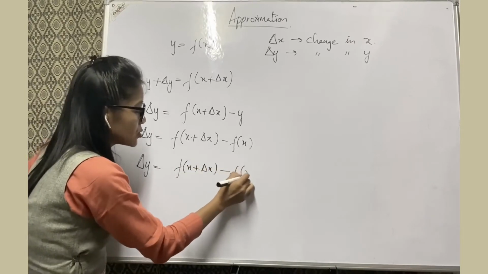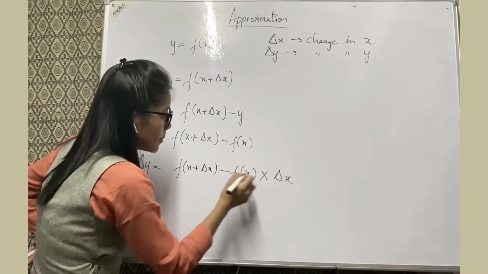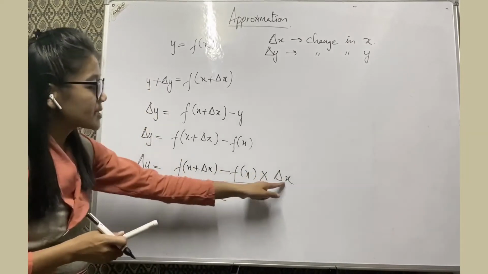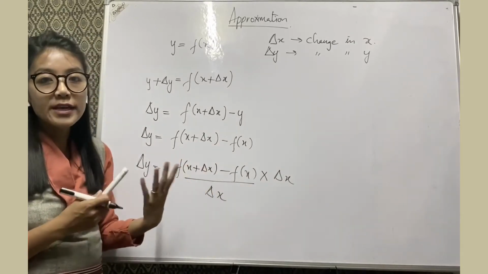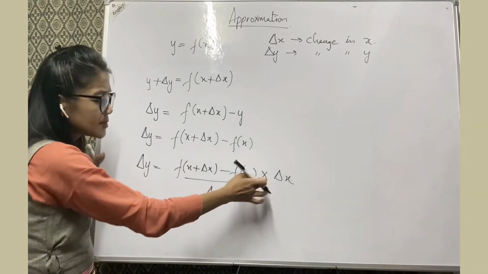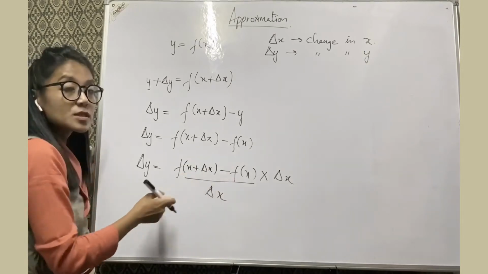This is my original expression, and on that I'm going to multiply and divide with delta x. Now delta x will get cancelled, so I'm not changing the original expression. I'm just multiplying and dividing it with delta x so that I can express this in terms of derivative.